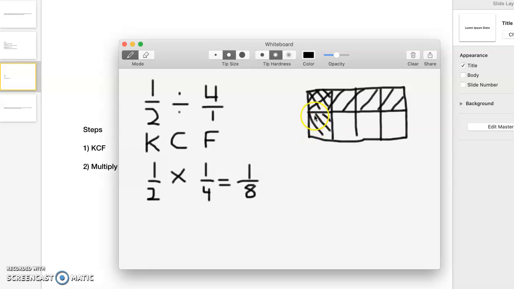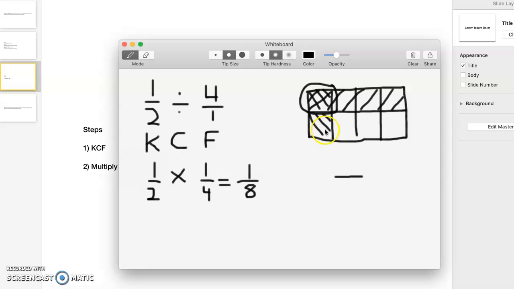Okay, and now look, where do the shadings overlap? And if you look closely, it's this corner box right here. So now how do we write that as a fraction? So first step is the denominator. Count all the squares that you drew.